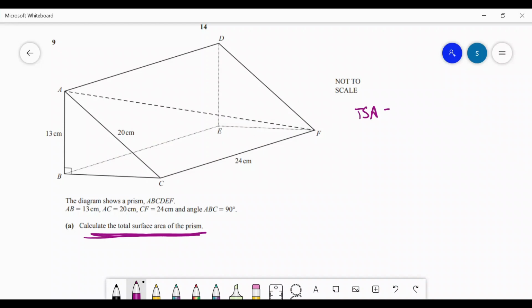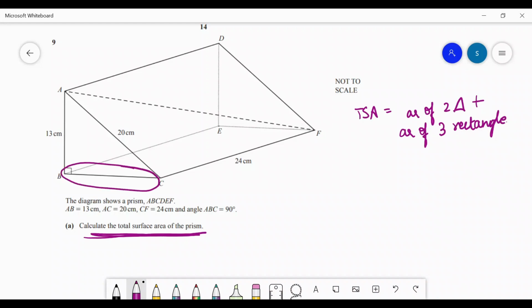So TSA, total surface area, is equals to area of 2 triangles plus area of 3 rectangles for this prism. So before that we need to find a few measurements. So we have to find BC here. So in triangle ABC, it's a right angle triangle, as you can see.